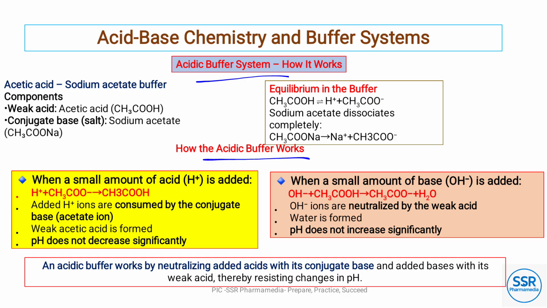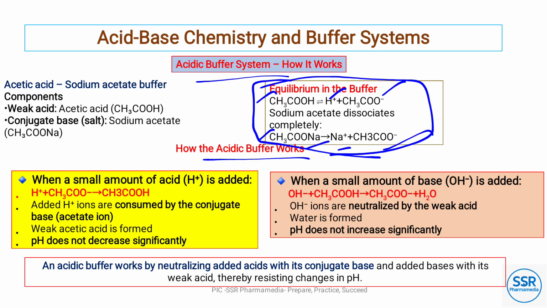This is the composition of an acetic buffer. In a beaker you take acetic acid and sodium acetate, these two compounds. Acetic acid will donate a hydrogen ion and an acetate ion. At the same time, sodium acetate donates Na plus and an acetate ion. This is called an acetic buffer. So what does buffer mean?